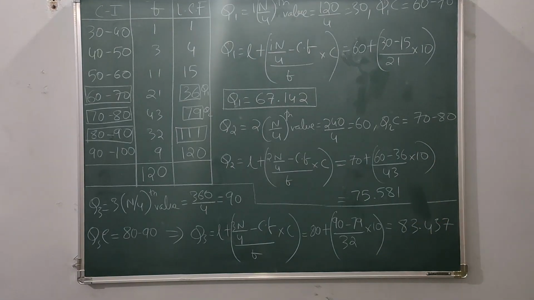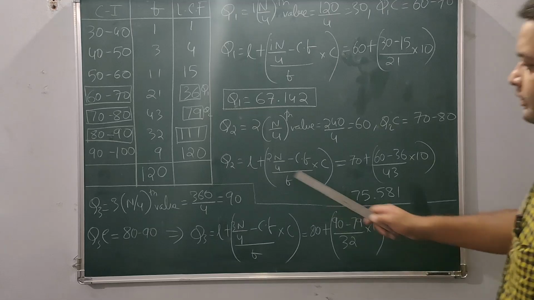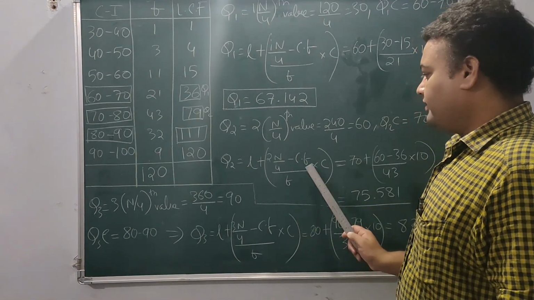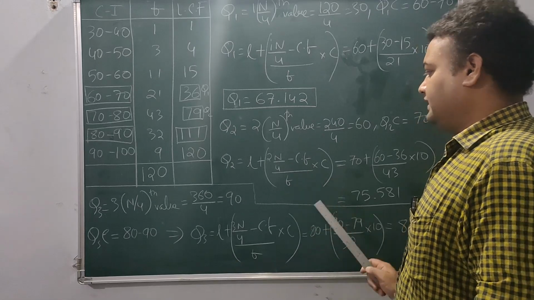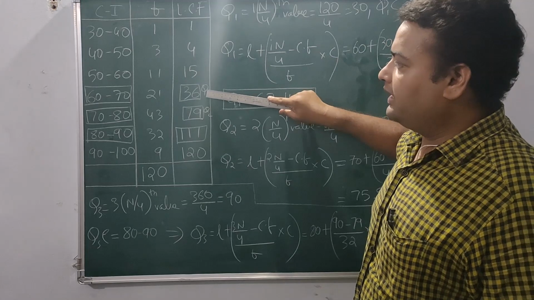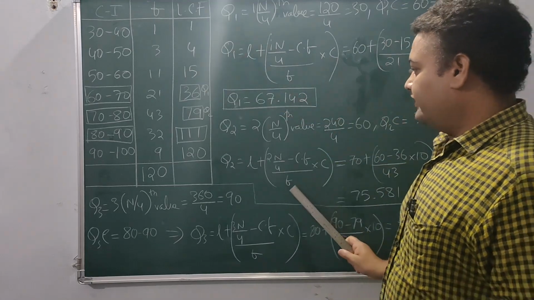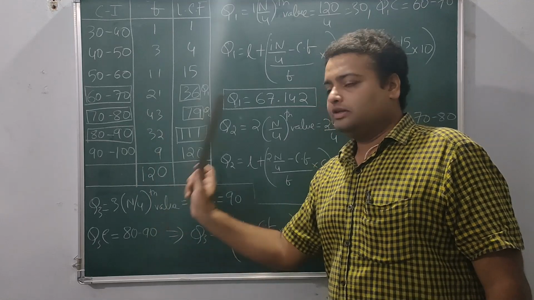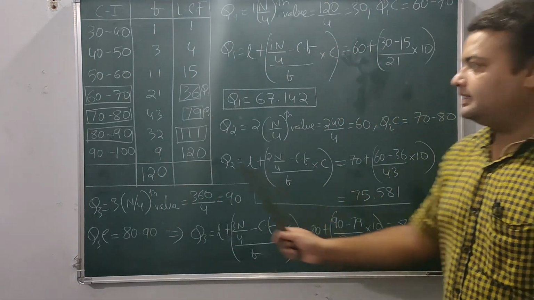Therefore the Q2 value will be given by Q2 is equal to L plus 2 into n by 4 minus Cf divided by f into C. Here the Cf is the cumulative frequency preceding the median class, that is 36. f is the frequency of this quartile class, that is 43, and C is the class width.